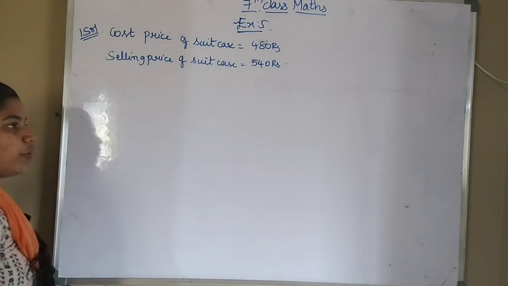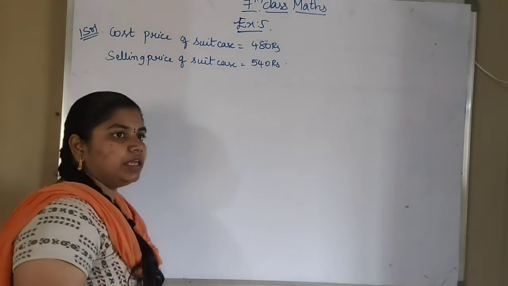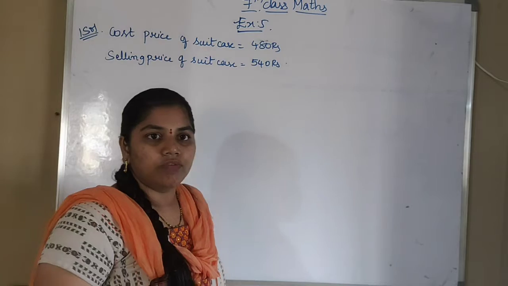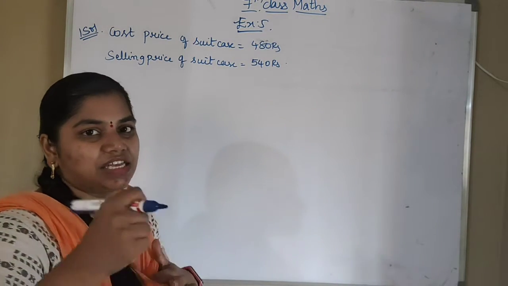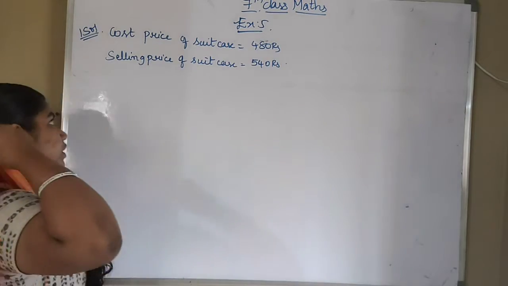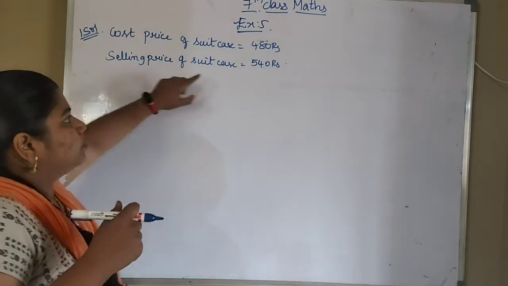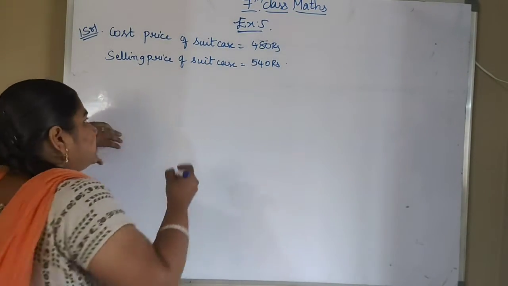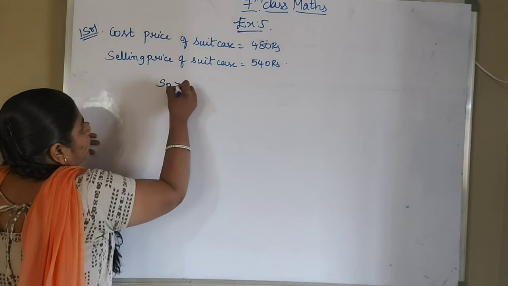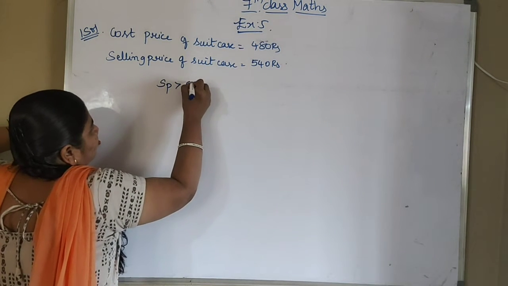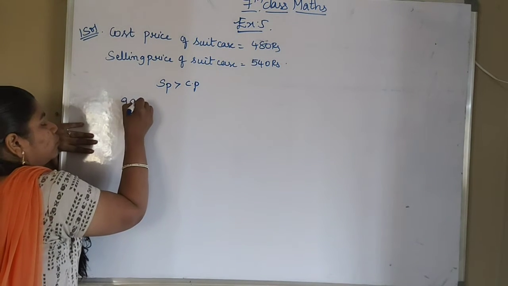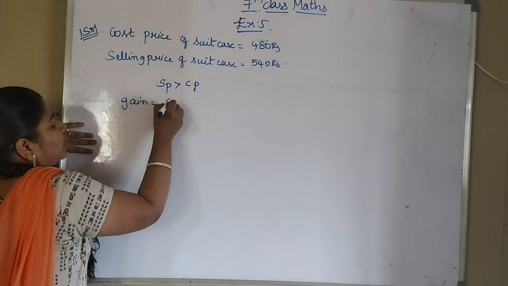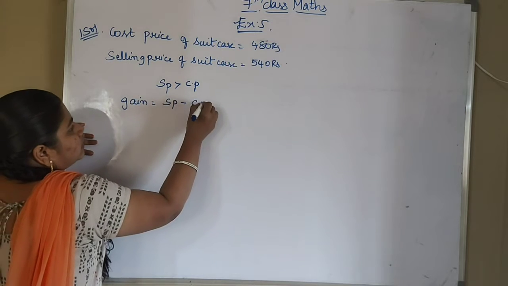Okay, so now what do we have to find? We have to find the gain percentage. Before finding the gain percentage, we have to find how much he has gained. Here the selling price is greater than the cost price. That means we will find the gain value. How to find the gain value? That is SP minus CP.